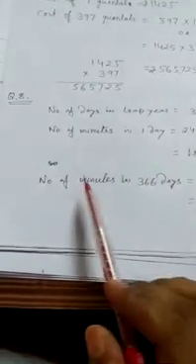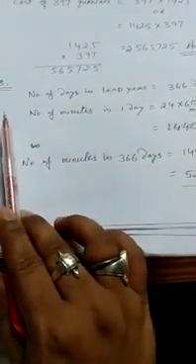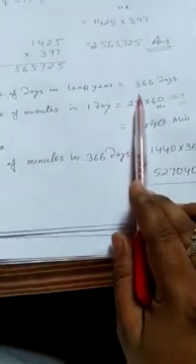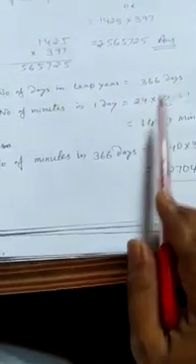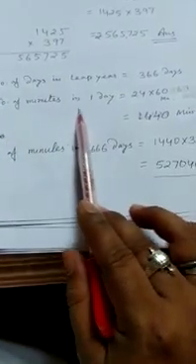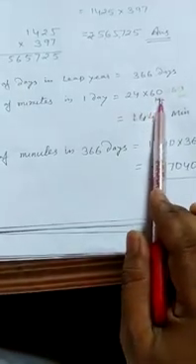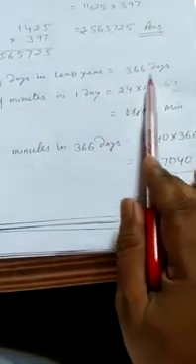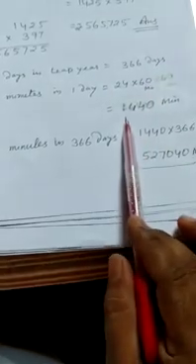Now one more, you can see question number 8. The number of days in a leap year is 366, and they are asking how many minutes are there. As we know, the number of minutes in 1 day: 24 into 60, so our answer has come 1440 minutes.